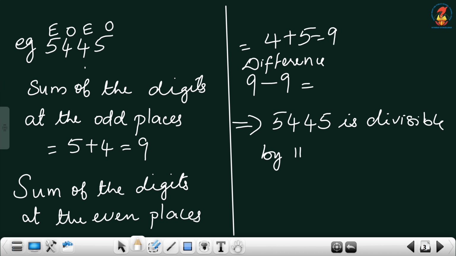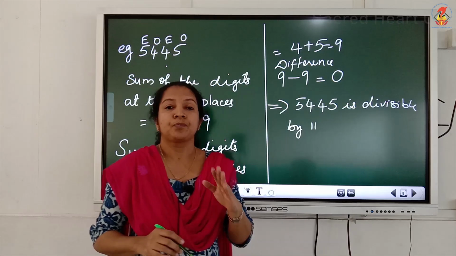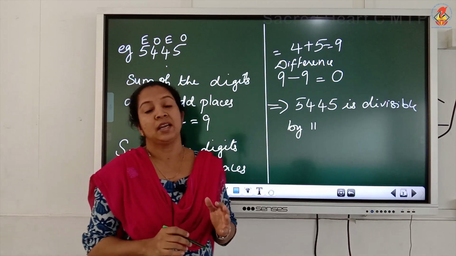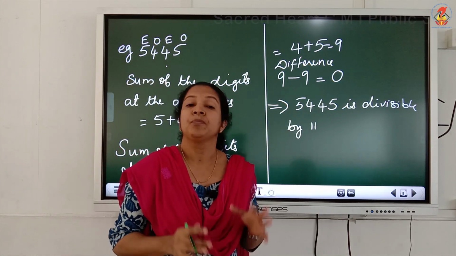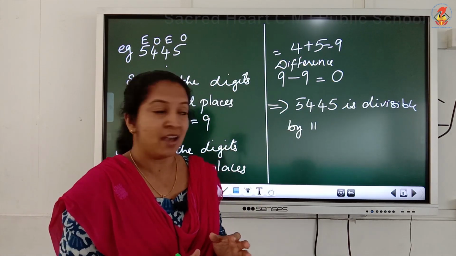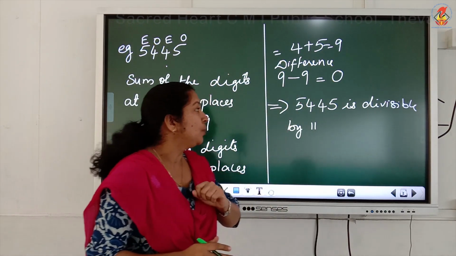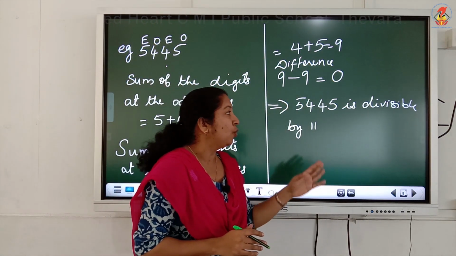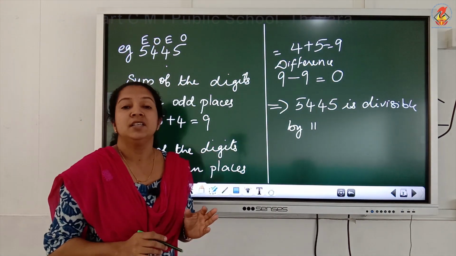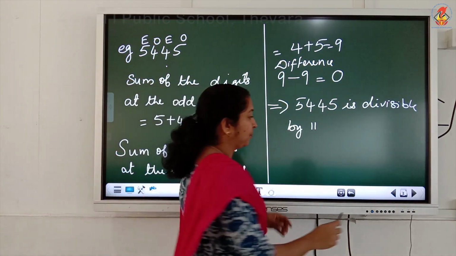Then check the difference between these two, which is 0. If the difference is either 0 or a number which is divisible by 11, then we can say that the given number is divisible by 11. So, since this is 0, we can say 5445 is divisible by 11.